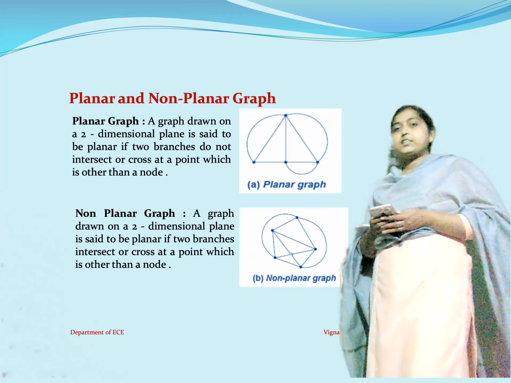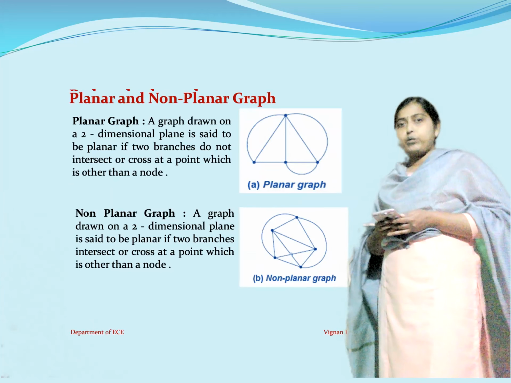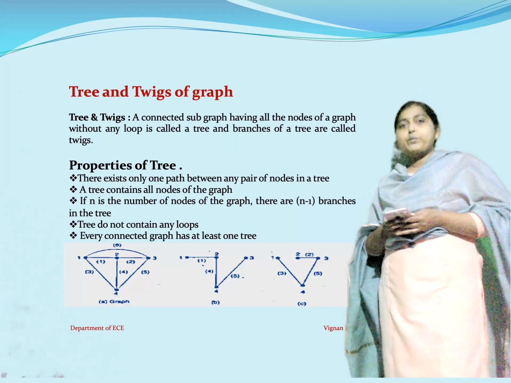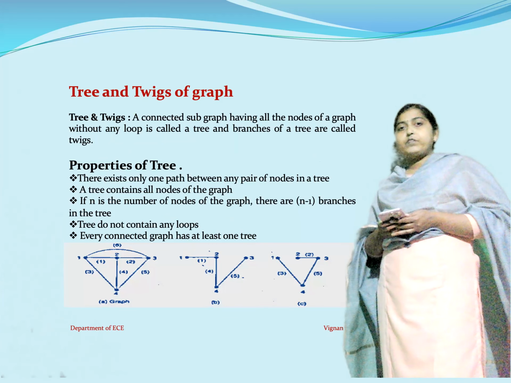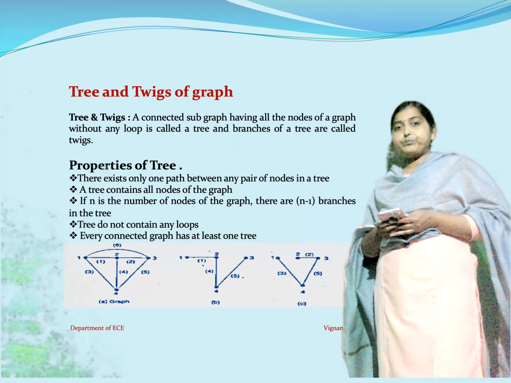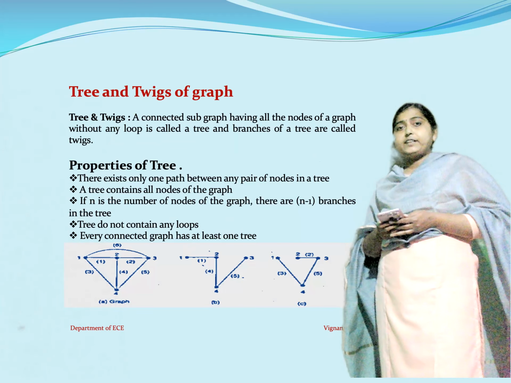Then we discussed a planar graph and a non-planar graph, then path and subgraph. Then the most important definition we discussed is the tree and the twigs of a graph.